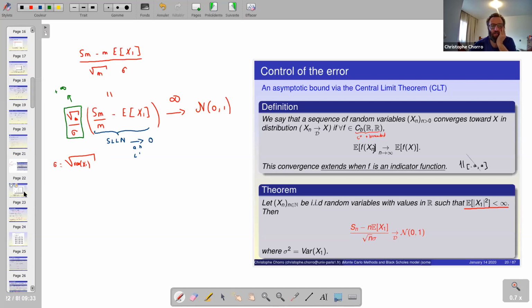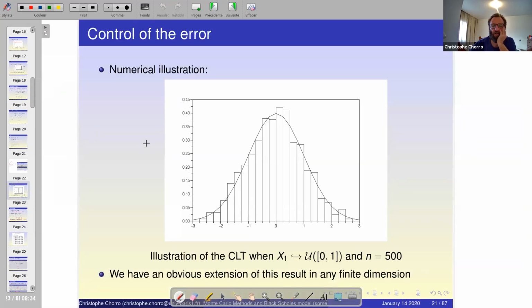So just to illustrate what I have said, here is what I have plotted. I have considered uniform random variables on the interval 0, 1. I have considered a sample of size 500 of such uniform variables.